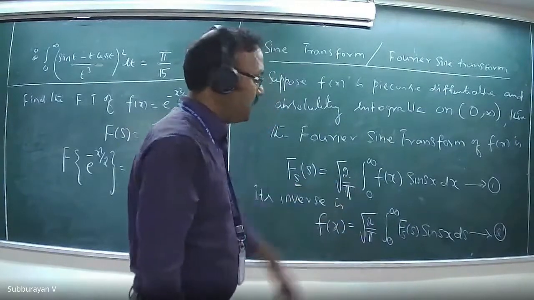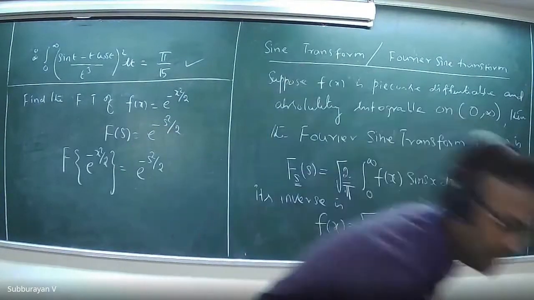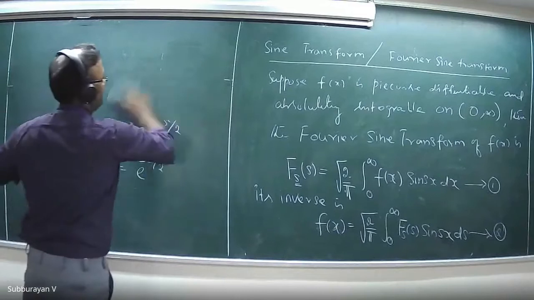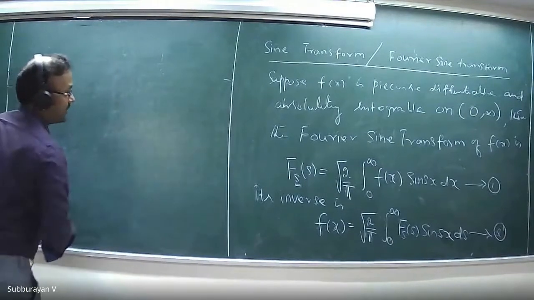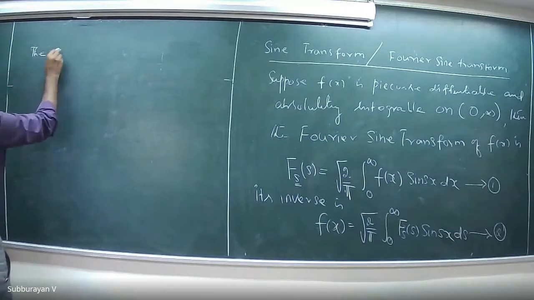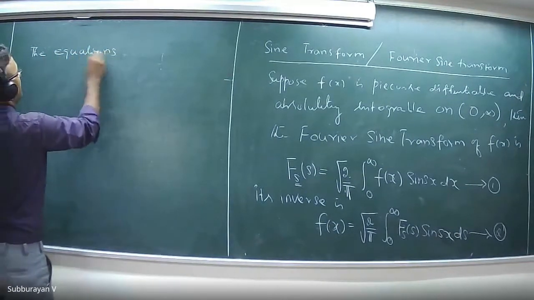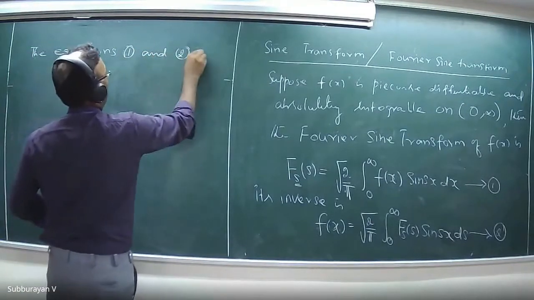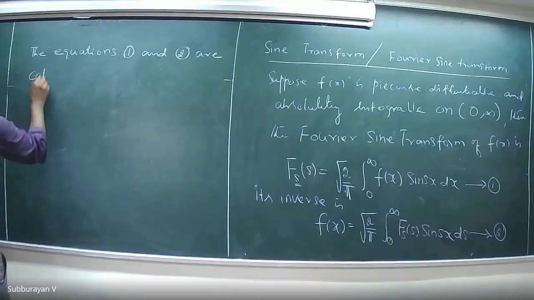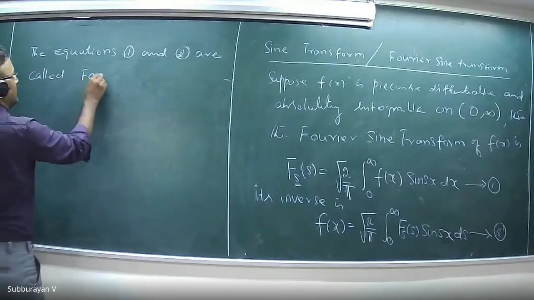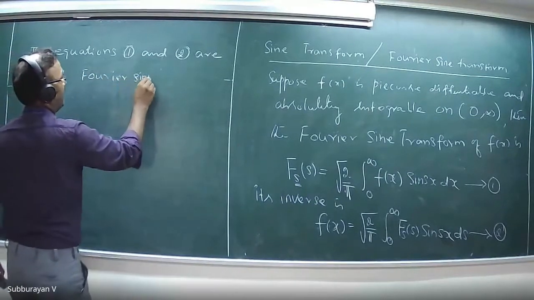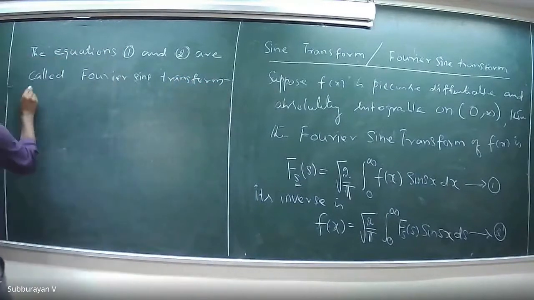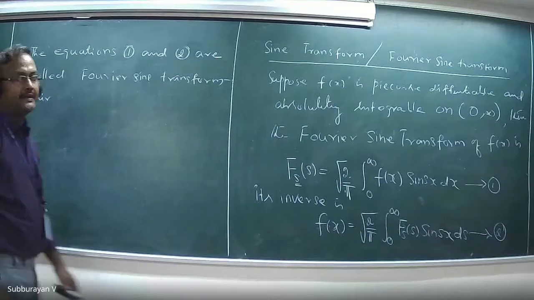Now the equations 1 and 2 are called the Fourier sine transform pair. Okay.